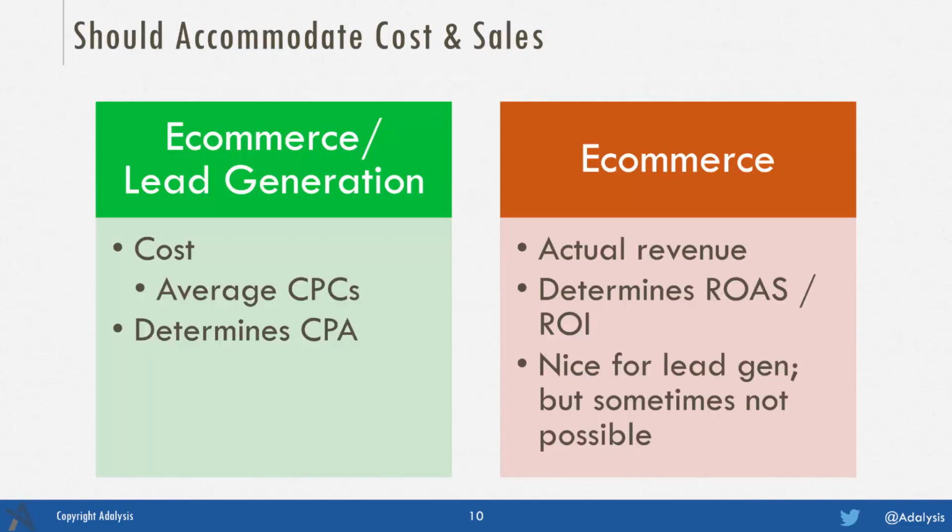Now, it should accommodate cost and sales when possible. So in lead gen, you could accommodate cost and your average CPCs by looking at your CPA data. In e-commerce, you can look at your actual revenue, and this determines your ROAS and your ROI numbers. Now, actual revenue is nice for lead gen, but sometimes it's not possible, especially if you have a 6-month or 2-year sales cycle. So we want to think about our cost and sales that are also brought in by our ads.